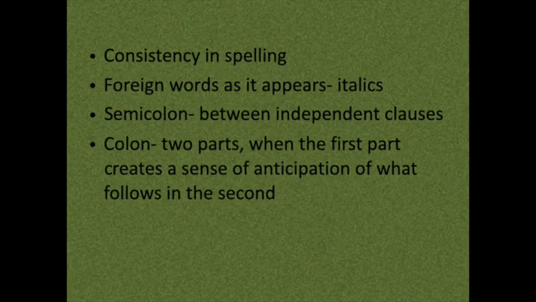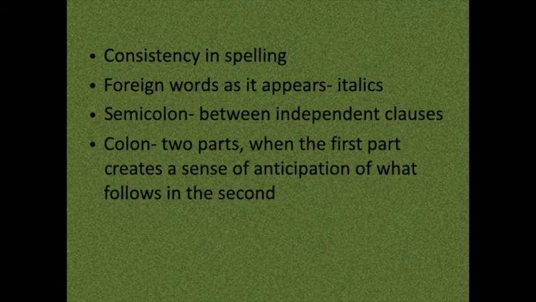There should be consistency in spelling. When you use foreign words, you can use that in italics. Normally, people prefer two parts for the title. In between the two parts, you can have either semicolon or colon, but the meaning is different.